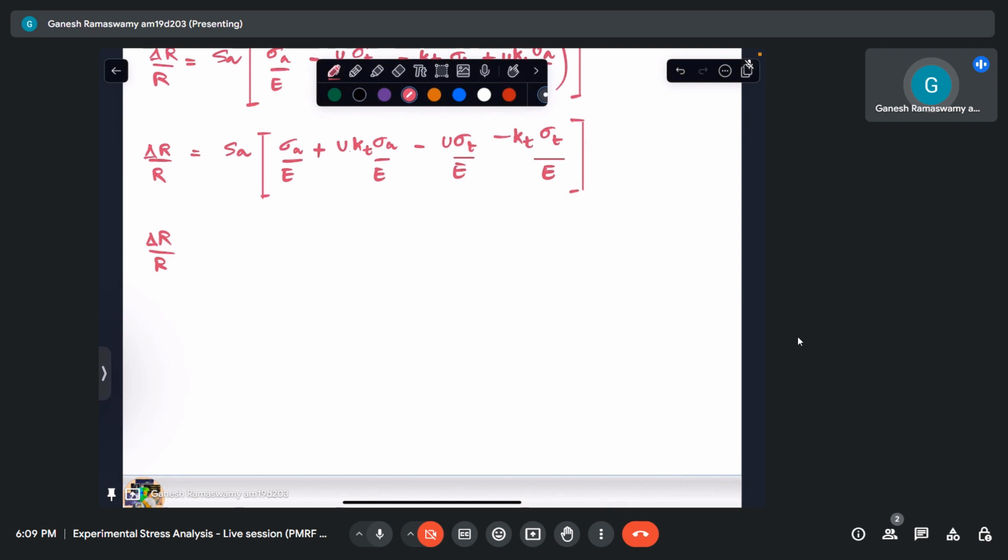So delta R by R gives us SA into sigma A by E. If I were to take this common, this gives me 1 plus mu KT.